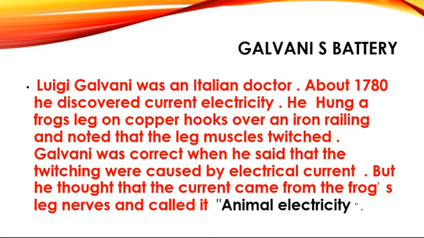Galvani was correct when he said that the twitching was caused by an electrical current. But he thought that the current came from the frog's leg nerves, and he called it animal electricity.